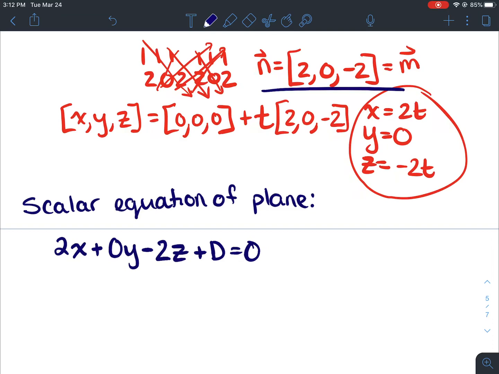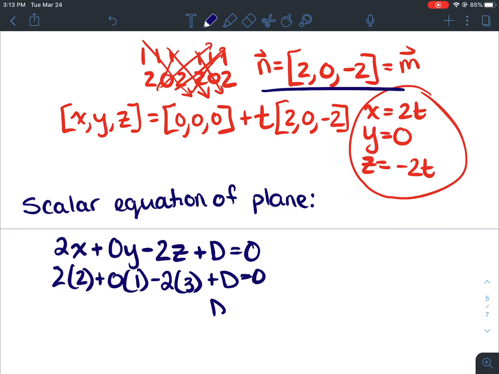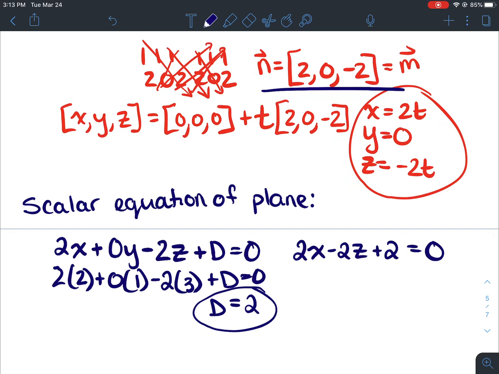Then we need a point on our plane, which we have: 2, 1, 3. So we can find out what d equals. If my math is correct, d equals 2. The scalar equation of our plane is 2x minus 2z plus 2 equals 0. A lot of 2's. We could probably divide those all by 2 and make that look better.